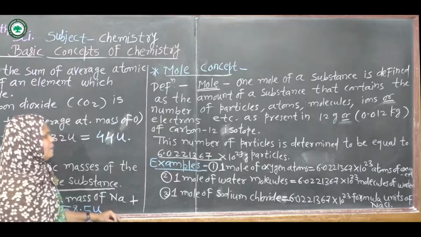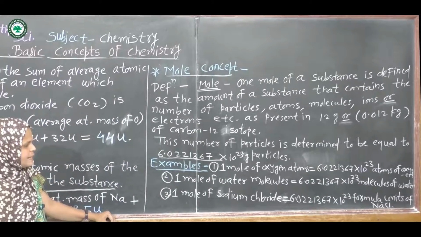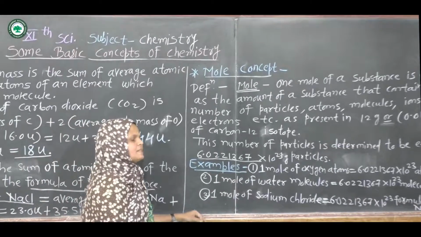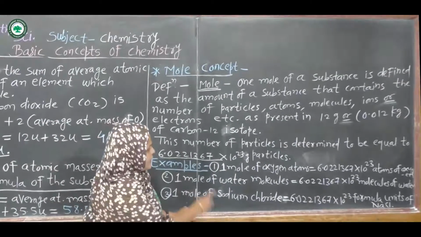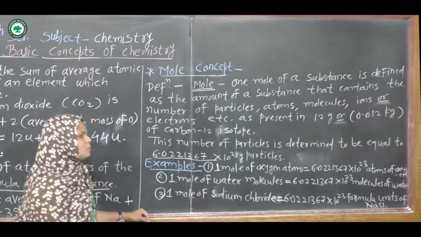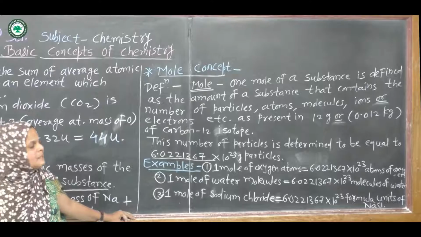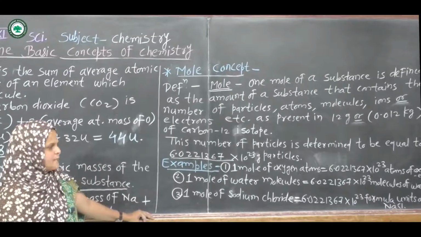We see the examples. First example: 1 mole of oxygen atoms is equal to 6.0221367 × 10²³ atoms of oxygen.